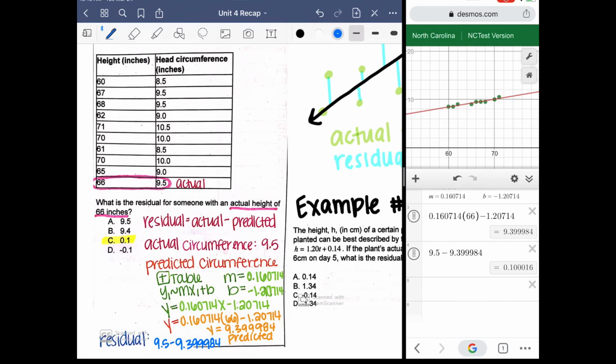Okay, so 9.5 minus 9.399984 is about 0.1. So if we round that, it's about 0.1. That is how you find the residual. This is the difference between the actual value of y minus the predicted value of y when someone is 66 inches tall.